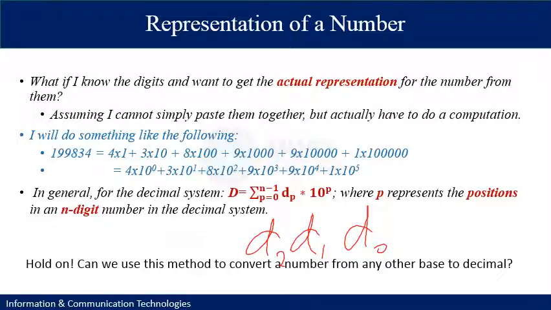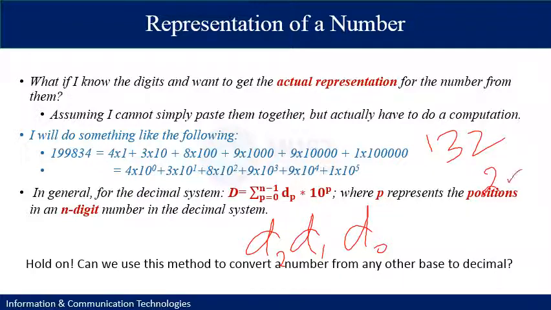So let's see, we have a 3-digit number and we represent it as 132. So 2 is located at location 0, 3 is located at location 1, and 1 is located at location 2. For each location, we multiply the digit by the base to the power of the location.